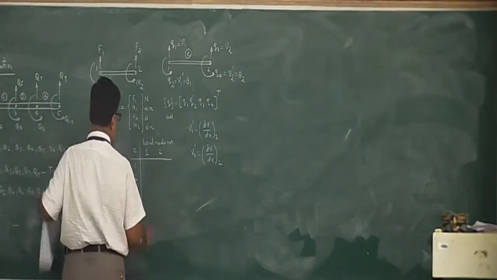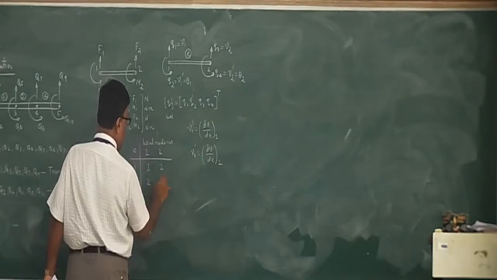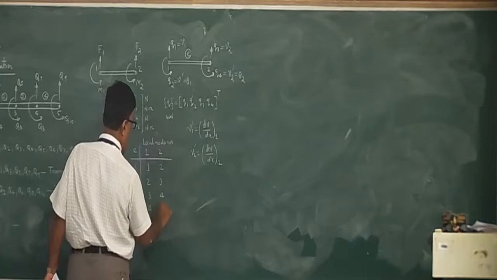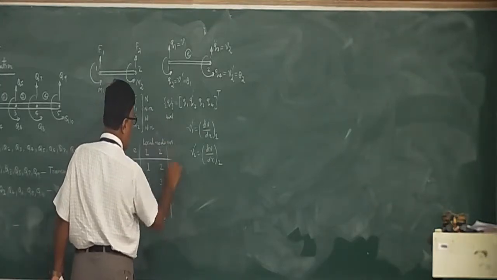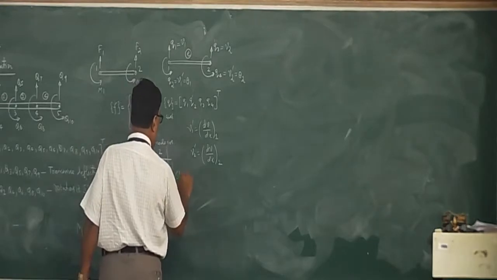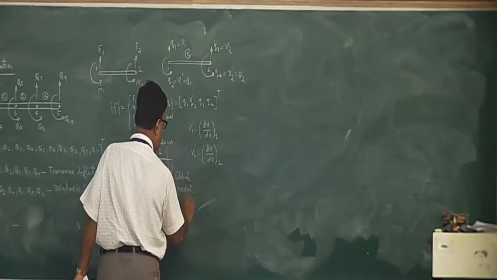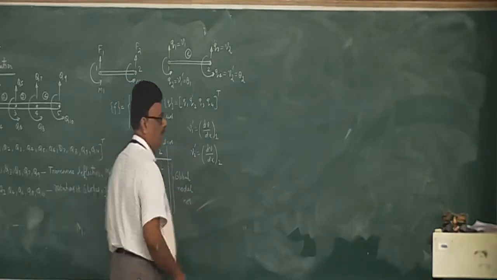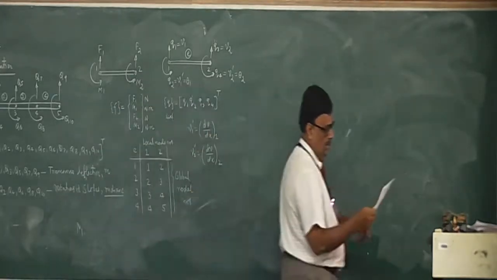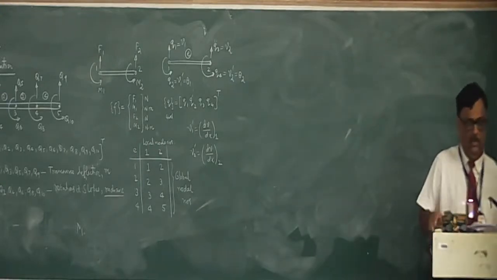So the connectivity says 1 and 2 for the first element, 2 and 3 for the second element, 3 and 4 for the third element, and 4 and 5 for the fourth element. These are called the global nodal numbers. This is what we call the element connectivity table, and from this one can find out all these details.